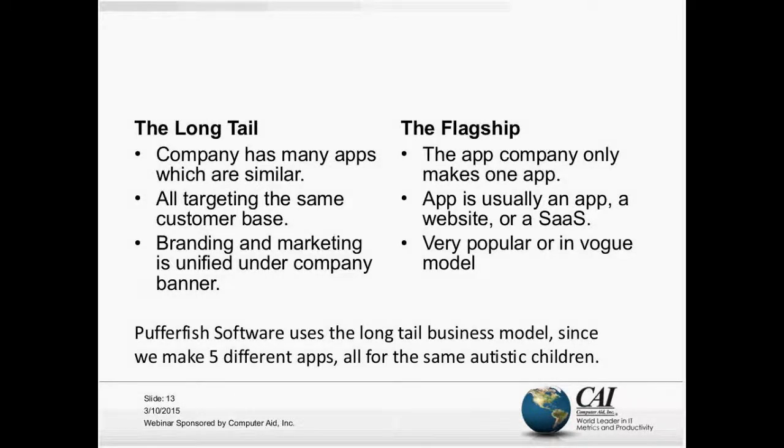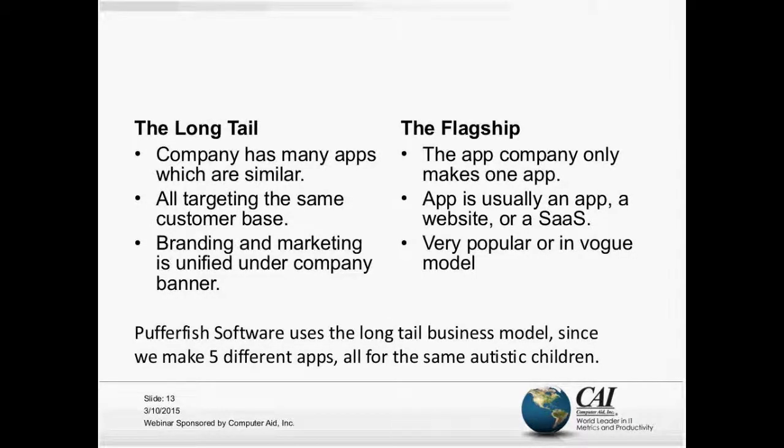The long tail model is more commonly used for game developers who just make small game after small game, relatively similar like platformers or point and shoot. This is why farther down. Honestly, you find long tail model apps a little farther down on the charts than you do flagship model apps.